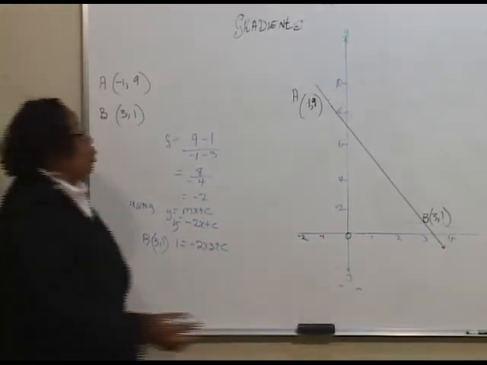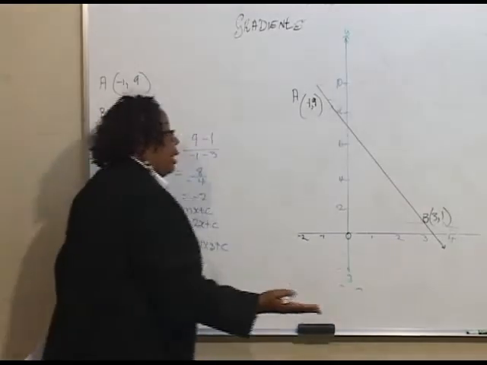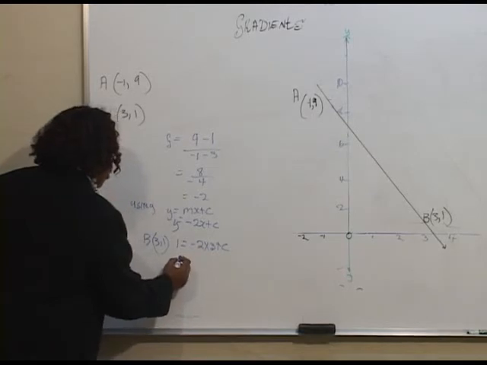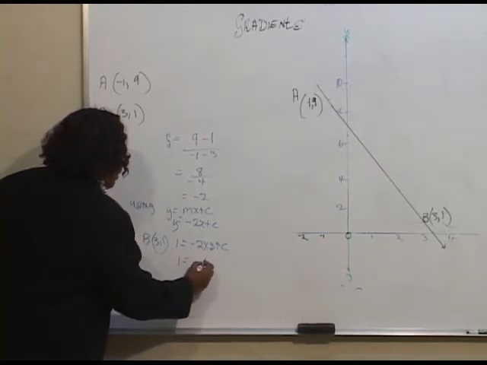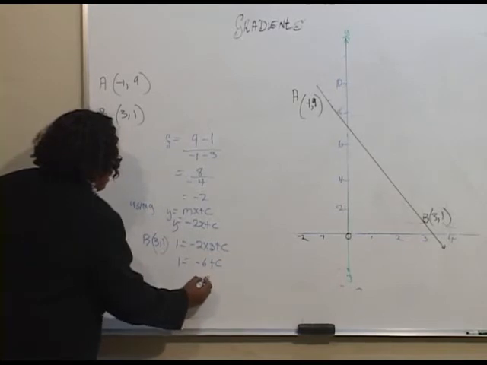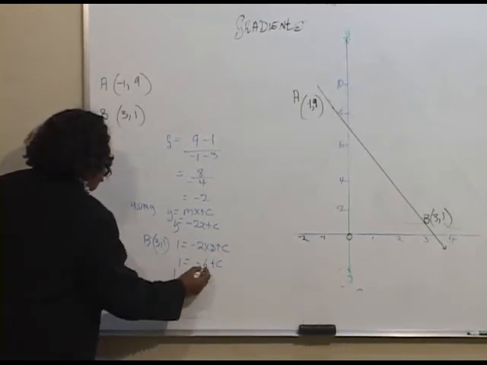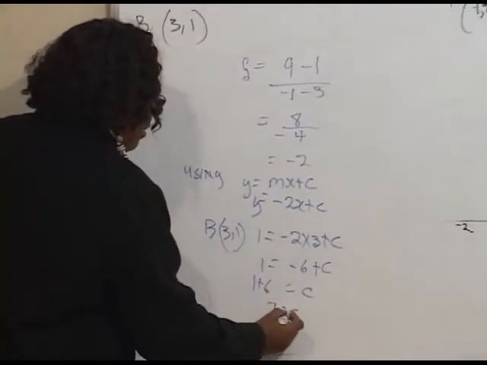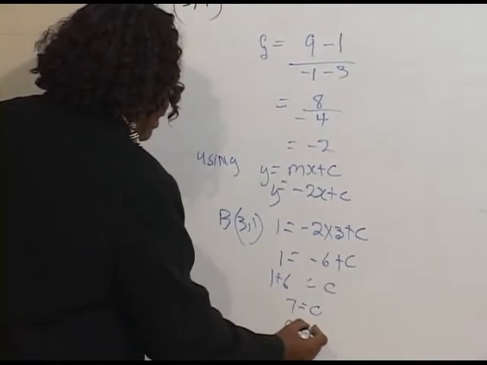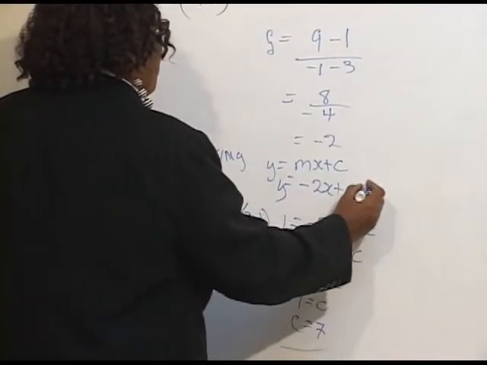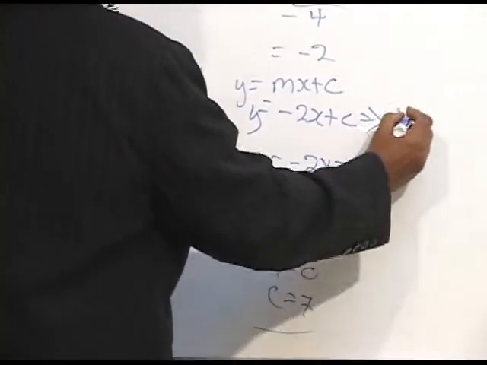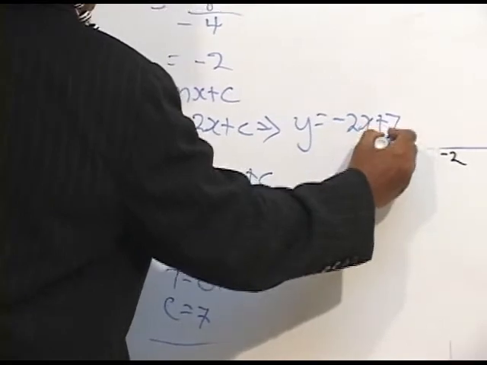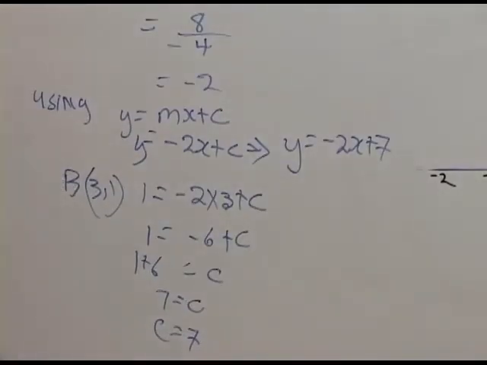Remember, we're using any one of the coordinates because they lie on the straight line. And we chose it by saying we're using our smallest numbers. So we would have gotten 1 = -6 + c. So that c then would be equal to 1 bringing over the 6, plus 6. So we can say 7 equals c, which is the same thing as saying c equals 7. And so we come back and the equation would be y = -2x + 7. That's our equation. All right?